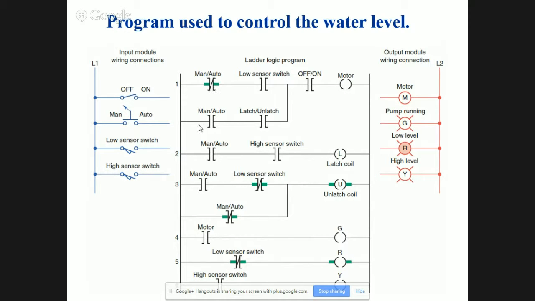So here's two conditions. First of all, these are bits that don't really exist. Well, I guess it does have a manual auto switch, but we're either in manual or we're in auto, right? I always get this one backwards.